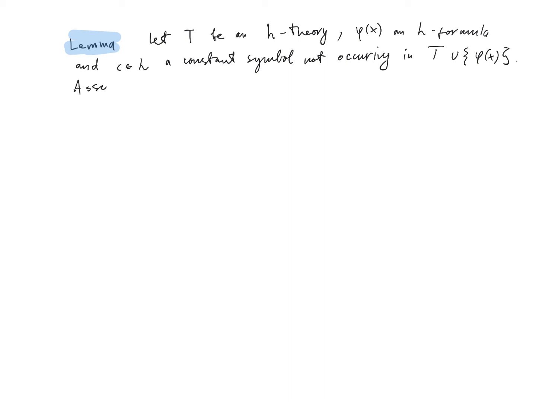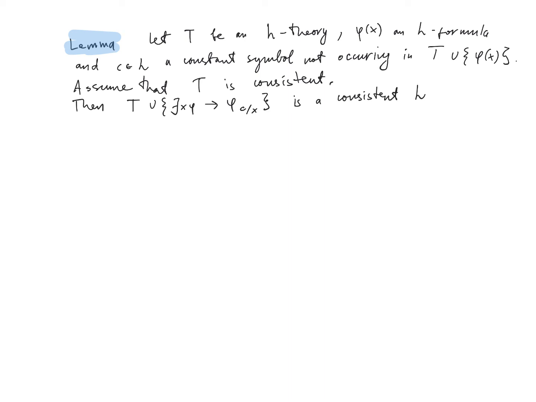And assume also that the theory T is consistent, so it doesn't prove phi and not phi for any formula phi. Then we have that T union the formula exists x phi implies phi with c substituting x is a consistent L theory.